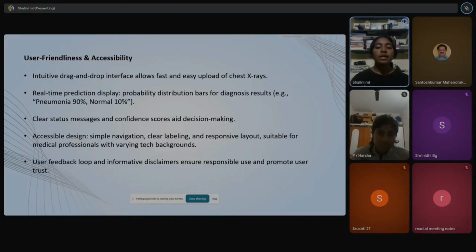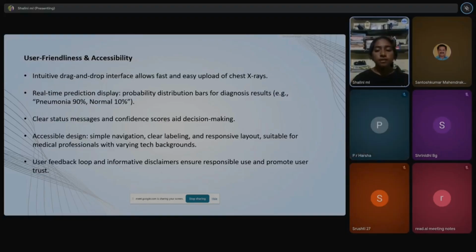For example, if the pneumonia is 90% and the normal is 10%, it gives the doctor an immediately interpretable view of the model's diagnostic confidence. The system also displays clear status messages and confidence scores. It helps the users understand not only what the model predicts, but also how certain it is about that prediction.